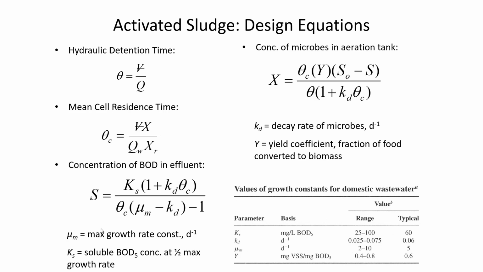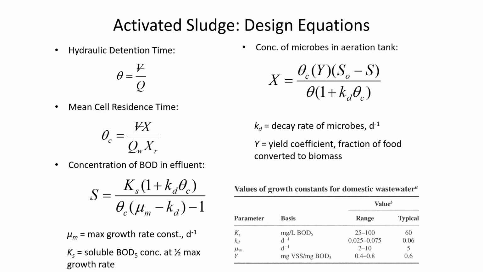This formula tells us the concentration of BOD in the effluent as a function of some kinetic parameters like K sub S, which is just a lab test you do to find out what's the concentration of BOD that's associated with half the maximum growth rate for your population of bacteria?